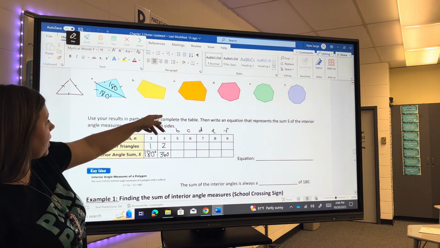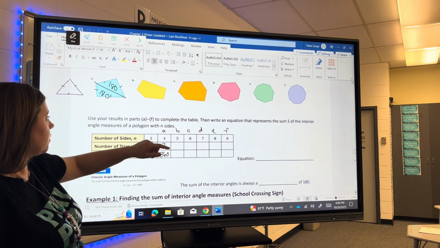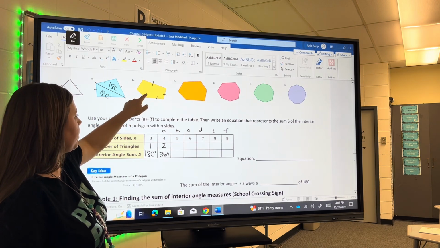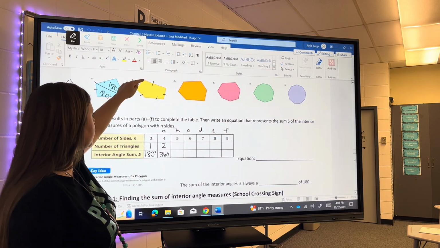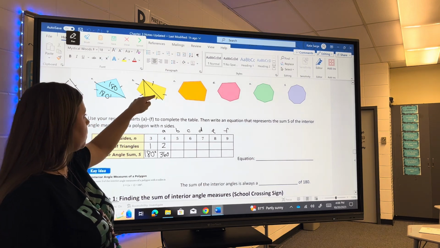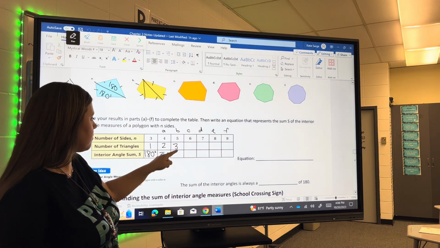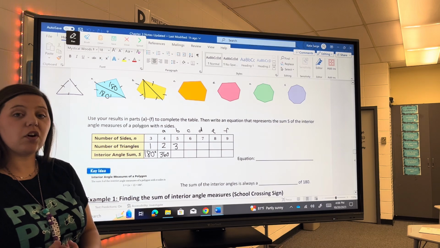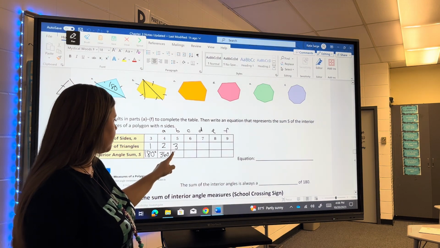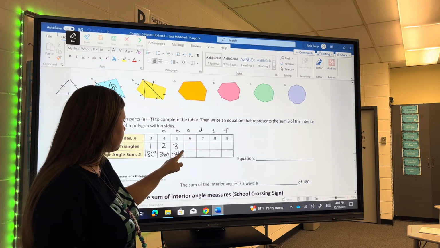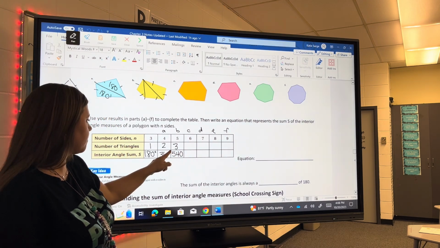Then we move on to the next one. Part B was a shape that had 1, 2, 3, 4, 5 sides. And the number of triangles that we created there was 3. And the sum of all of those angles together was 540 degrees.